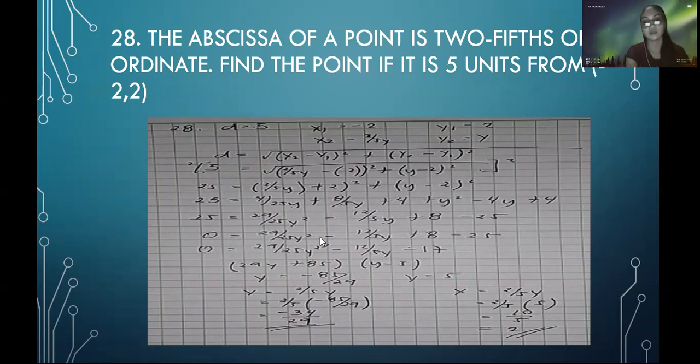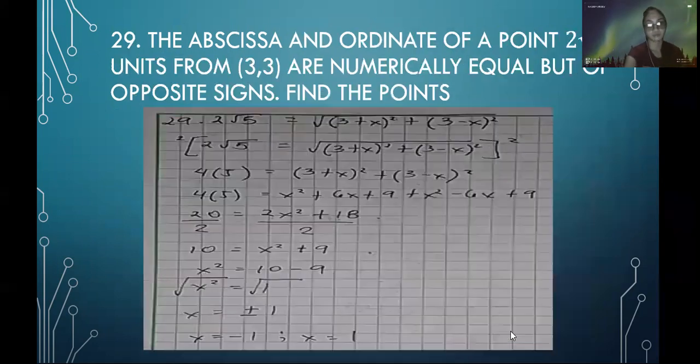Same as here, the value of y is equals to positive 5. So x is equals to 2 over 5y. Substitute the value of y, which is 5. So 2/5 times 5 is equals to 10 over 5. So 10 over 5 is equals to 2. So the point is at negative 34 over 29 and positive 2.